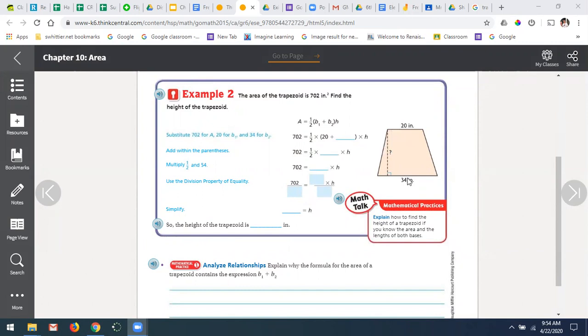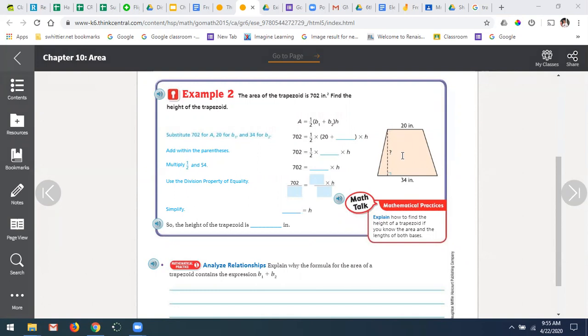So all we have to do is follow our formula again, substitute all the numbers. The area of the trapezoid is 702, so we'll put that here. We know the values of the bases, so we'll put those here. 20, the other base, because here again, the parallel lines or the 90-degree angle is here.